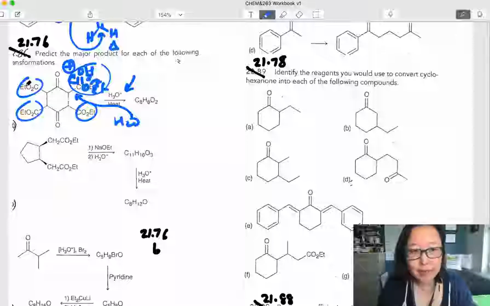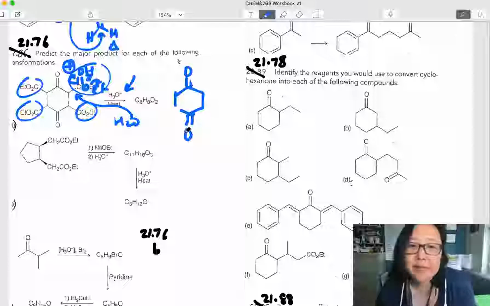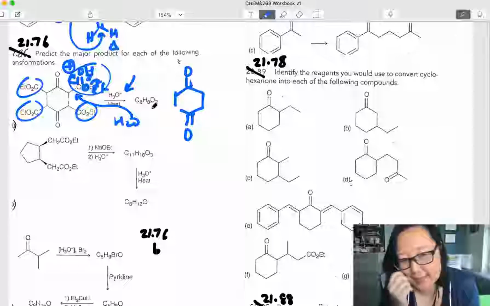So I'm going to end up with, let's see, 6 carbons, so that means all of these left as CO2. So I'm going to end up with this carbon skeleton, and these carbonyl groups remain, but the rest have been released as carbon dioxide. I'm going to double check: 2, 4, 6, 8 hydrogens and 2 oxygens.